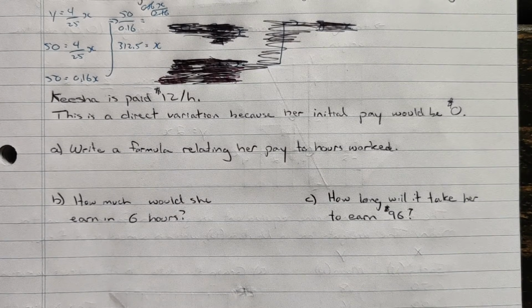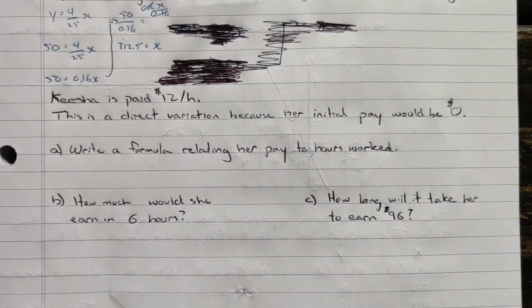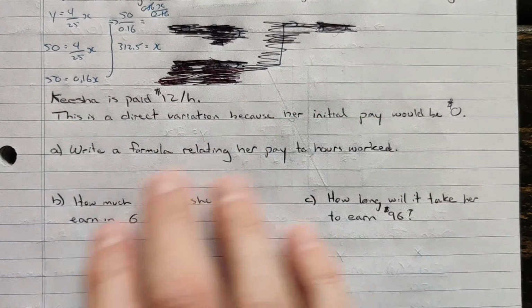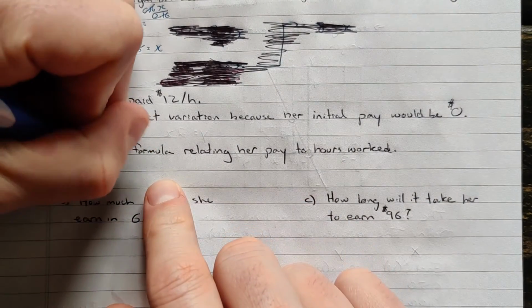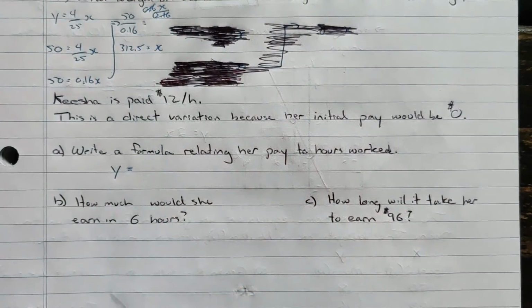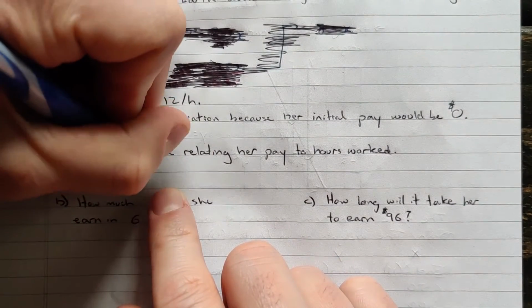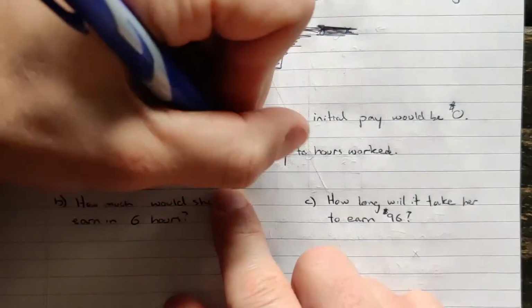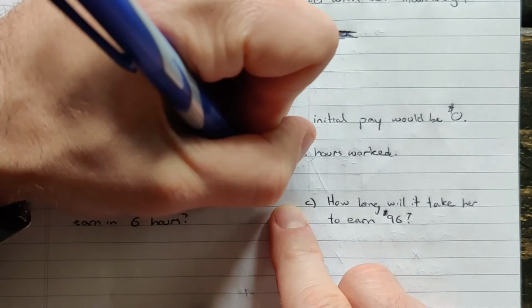The origin is where the graph is going to cross for that x, y 0, 0 point. So we want to write a formula relating her pay to the hours worked. So her pay, the amount she's paid, we'll use y for how much she's paid, is equal to $12 times the number of hours. So y equals her pay, x equals her hours.